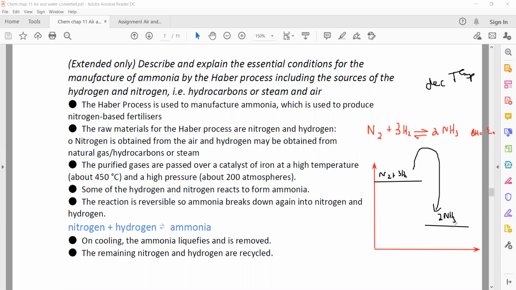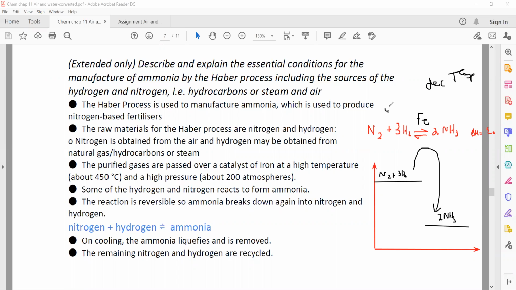But when we decrease the temperature, we get more ammonia, but the rate of the reaction slows down. To overcome this, we use iron as a catalyst, because decreasing the temperature increases the amount of ammonia but reduces the speed of the reaction.